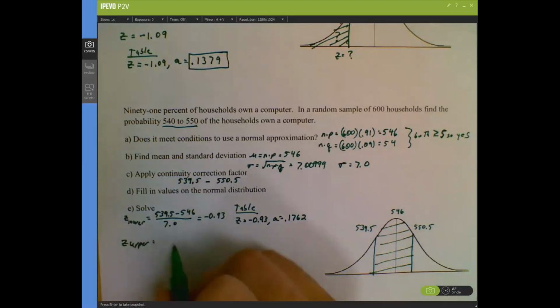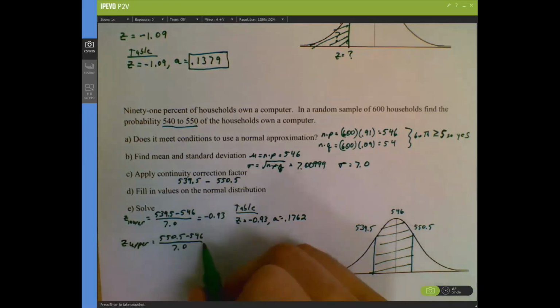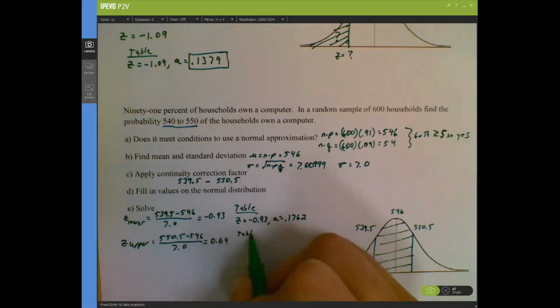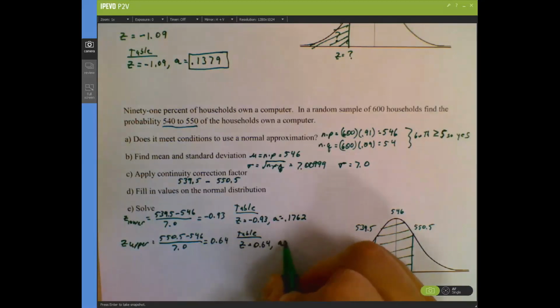And then the upper one. Take your z value to the table.